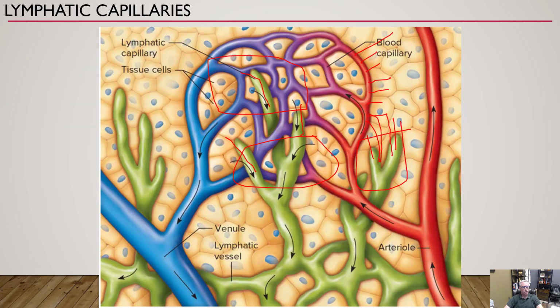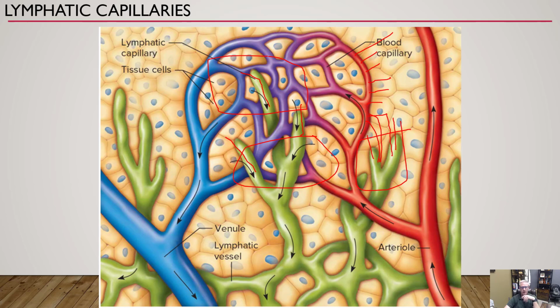All right, we're going to rehash this a little bit. The arterioles and venules divide into smaller branches called blood capillaries that form a complex network in the tissue cells, and the lymphatic vessels divide into smaller branches called lymphatic capillaries that weave between the blood capillaries and draw that interstitial fluid into them.